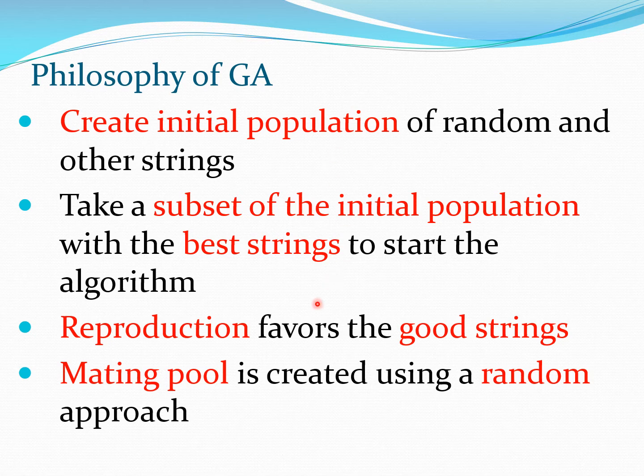Now you typically take a subset of this initial population by taking some of the best strings here. So this is somewhat of a culling which you do at this point, where you start out with a decent set of strings and then you work with these strings. So essentially the process of reproduction favors the good strings.